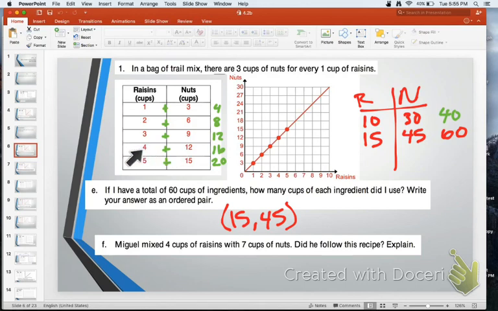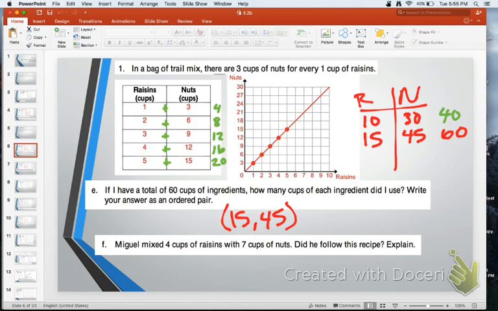He had 4 cups of raisins, and 4 cups of raisins in our recipe. So far it's matching. In our recipe, we had 12 cups of nuts to his 7 cups of nuts. That doesn't match. So no, this is not the same recipe.